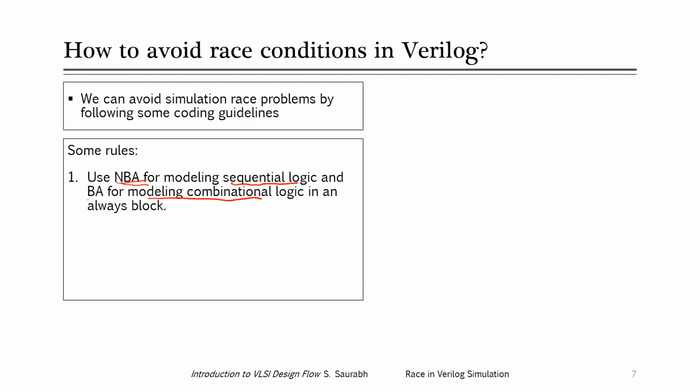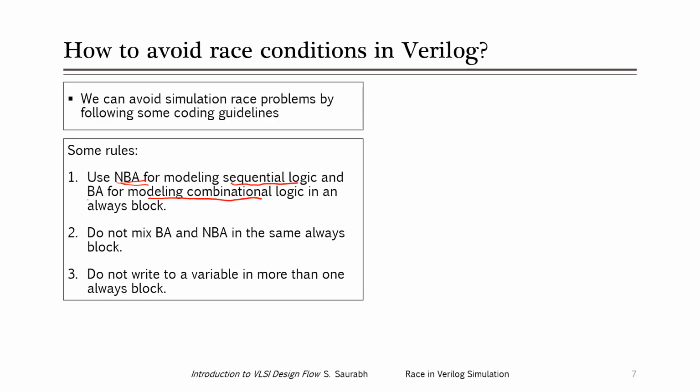This guideline is typically followed to avoid race conditions. Then we should not mix blocking and non-blocking assignment in the same always block, and we should not write to a variable in more than one always block, because if we do that, depending on which always block is executed first, the results may vary, and therefore there may be a race condition. So we should try to write to a variable in only one always block.